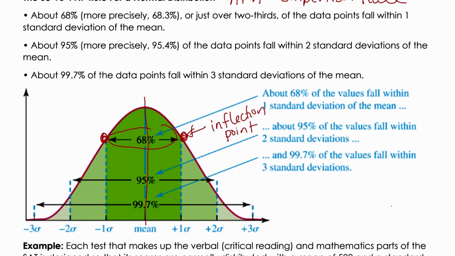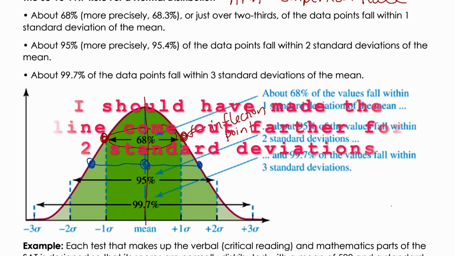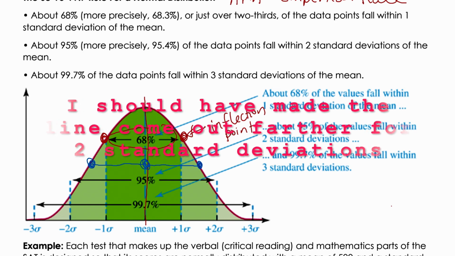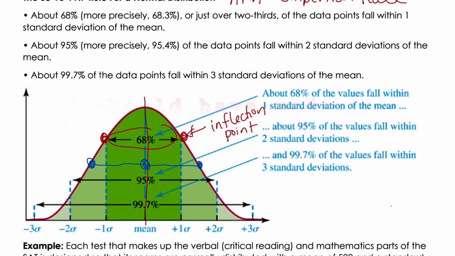Now, the rule says if I come out 2 standard deviations away from the mean, I'll use a different color, I'll use blue. So here's the mean. If I come out 2 standard deviations in this direction or in this direction, there'll be about 95% of the data that will lie on that interval. And then the third value is if I go out 3 standard deviations from the mean.